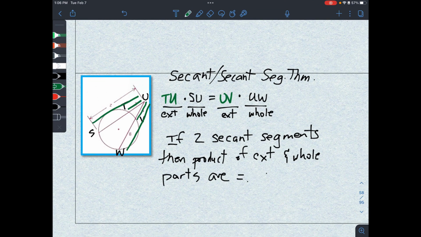The way we write that out is we say if you have two secant segments, then the product of the external part and the whole parts are equal.